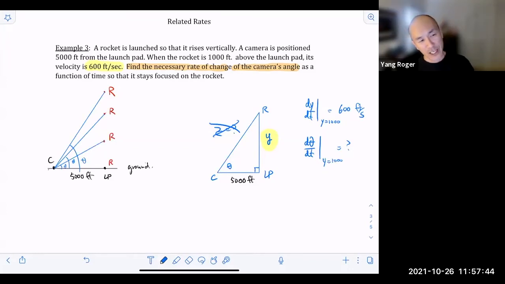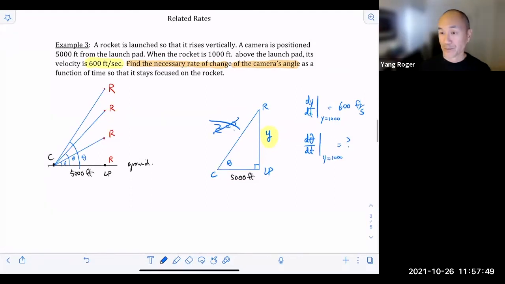So I am looking for... actually the important thing was to put y equal to 1,000 for this guy. This part is less essential.